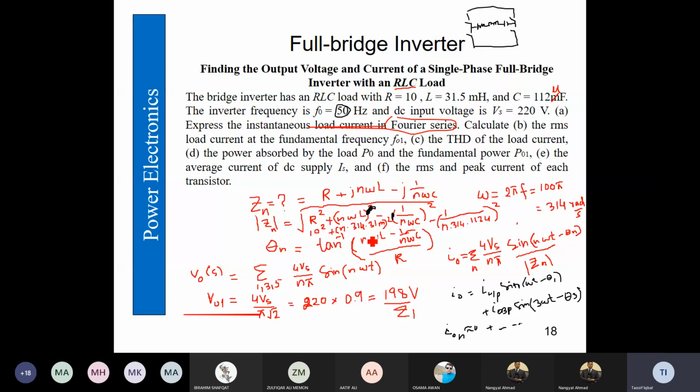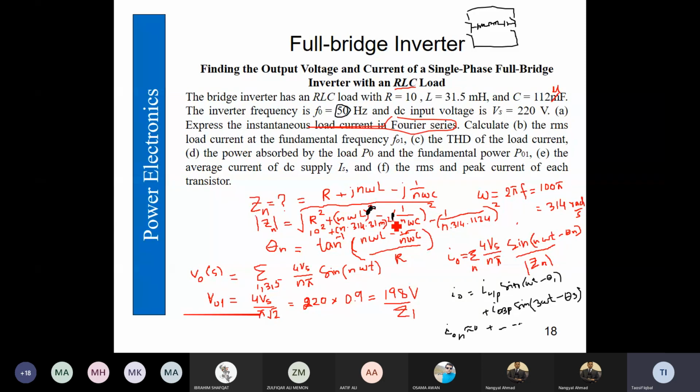So we have to combine it. How are we going to combine it? We will take the magnitude of impedance: square root of R square plus the difference of n omega L minus 1 over n omega C, squared. So 10 square, which is the resistance, and then we have n omega, where omega is 2 pi f. f is 50 hertz, so therefore 314 indicates omega at 50 hertz, and then multiply by 31.5 millihenry.